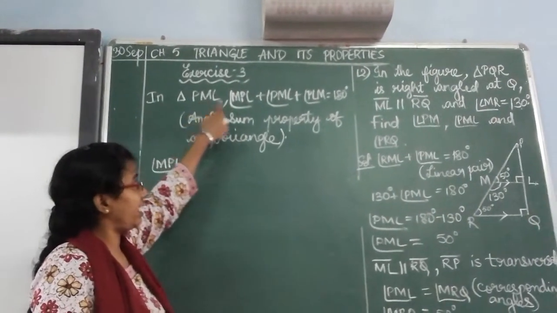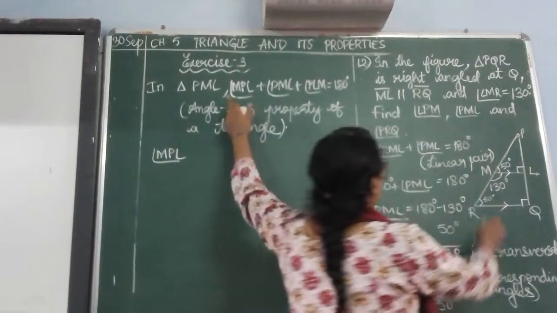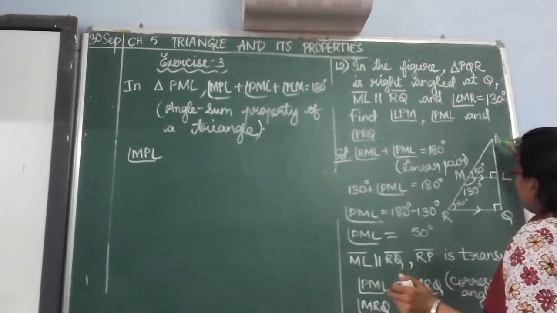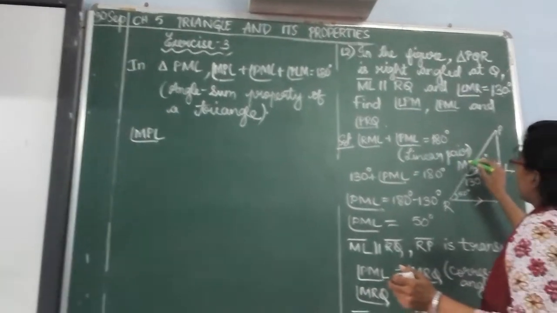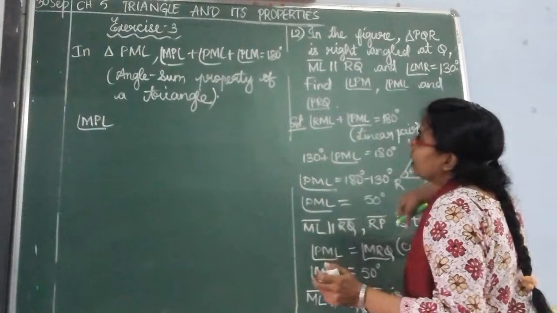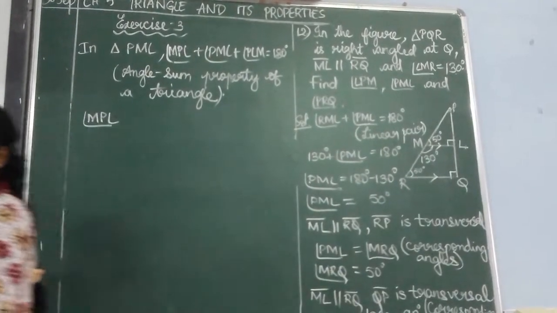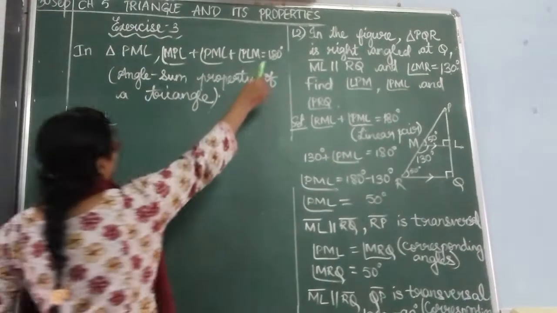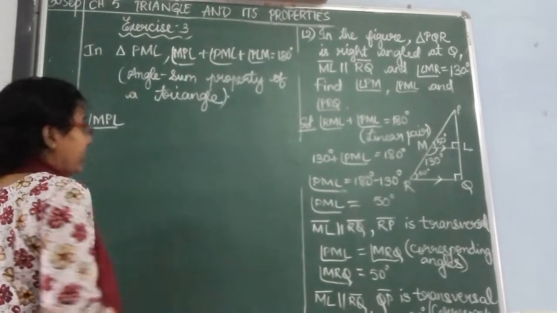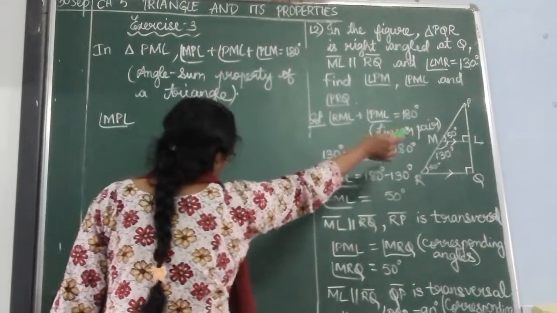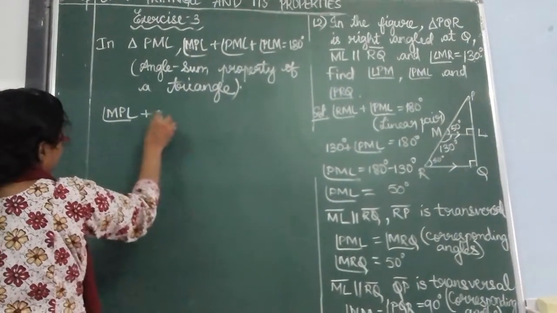So in this triangle we have taken M, P, L plus P, M, L plus P, L, M. So this should be equal to 180 degrees. What is the reason? Angle sum property of a triangle. Now M, P, L, you don't have the value, so we have written it like that.